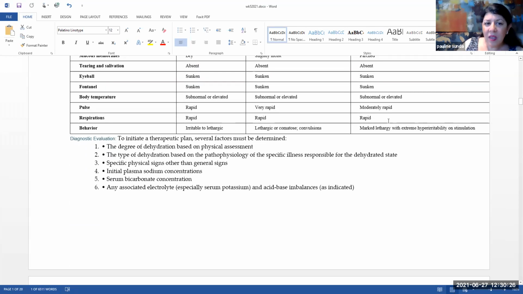Diagnostic evaluation: in order to initiate the therapeutic plan, many things need to be determined.